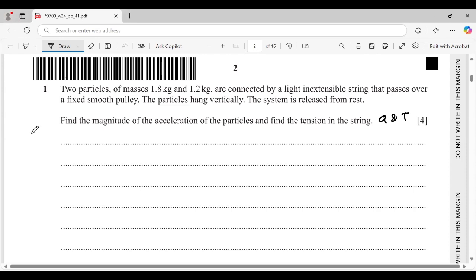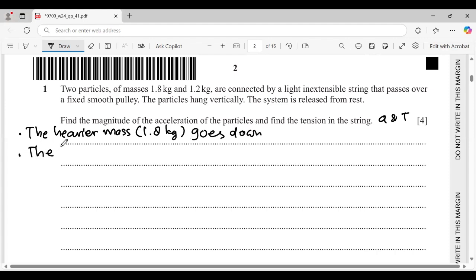I would like to start with the assumption that first the heavier mass, 1.8 kilograms, goes down.